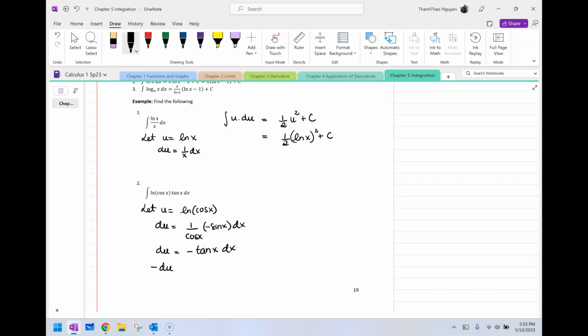So negative du equal to tangent of x dx. Our integral now becomes the integral of negative u du. That is negative 1 over 2 u squared plus c. That is negative 1 over 2 times ln of cosine of x squared plus c.